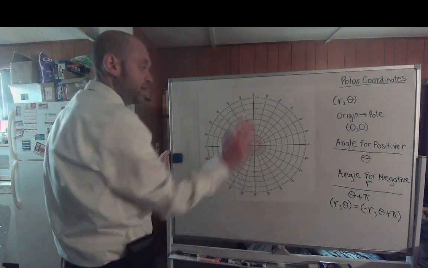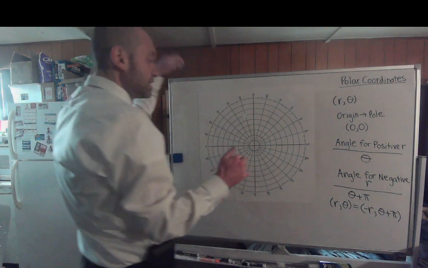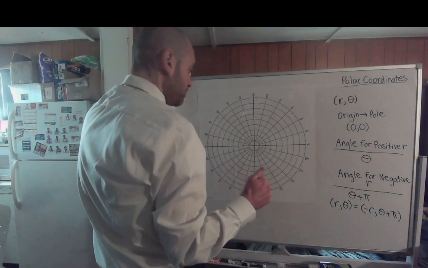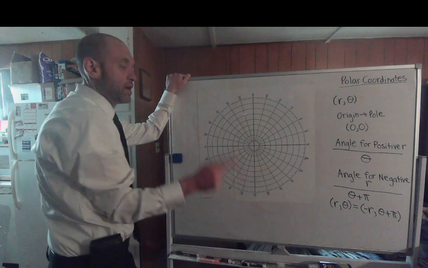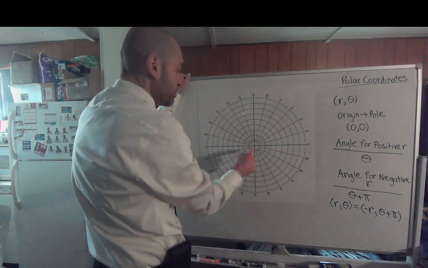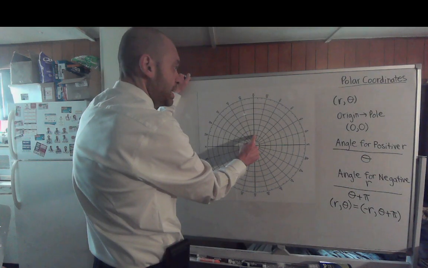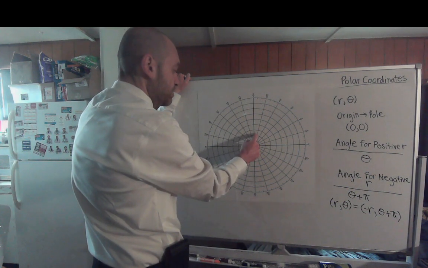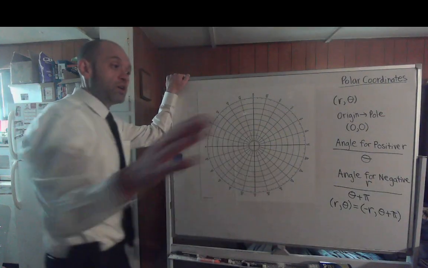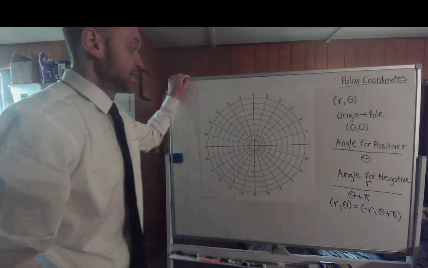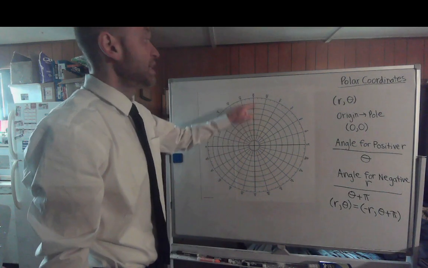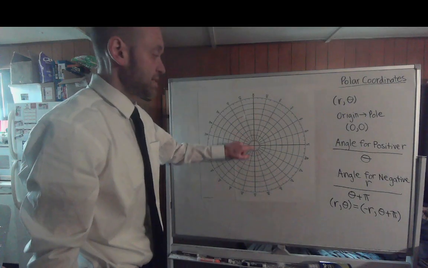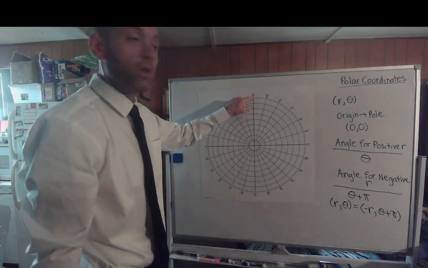So let's say, for example, I had (2, pi over 2). I'm going to go up 2, and then my angle will be pi over 2. You can also have a negative equivalent. Now, if you have a positive radius, that denotes only along the pi over 2 axis. You're only going positive. What about a negative?